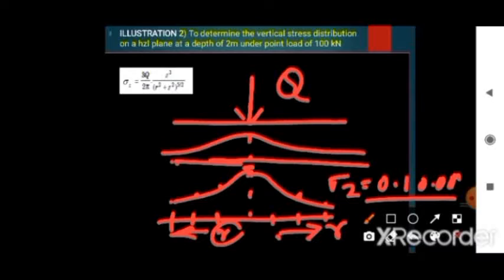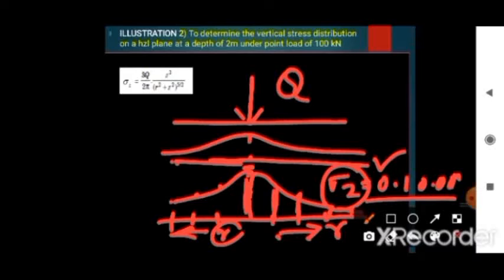For example, sigma z at r equal to 0 should be maximum. r equal to 0 means the radial distance is 0 here. r equal to 1 meter means it will be diminishing. Okay, so at 4 or 5 meter, if we plot, it will be the least.